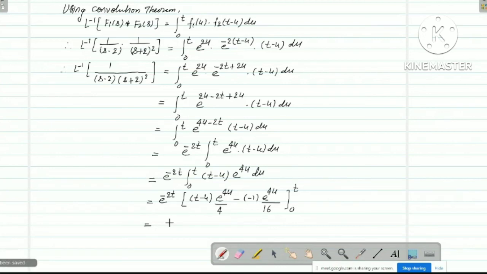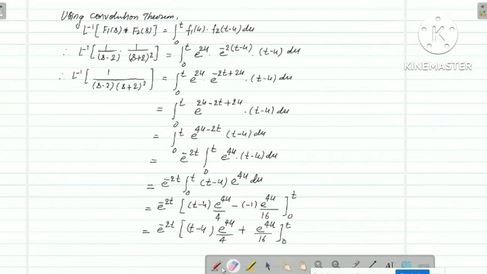So this equals e raised to minus 2t, big bracket, just simplify, then t minus u, and e raised to 4u by 4, minus minus goes plus, plus e raised to 4u by 16, with limit running from 0 to t. Now let us move to the next page, then provide the limits.